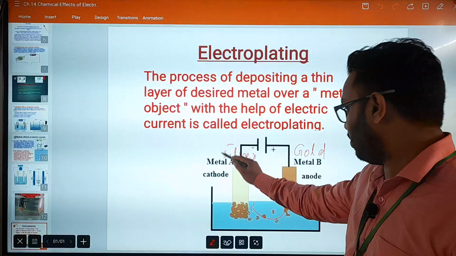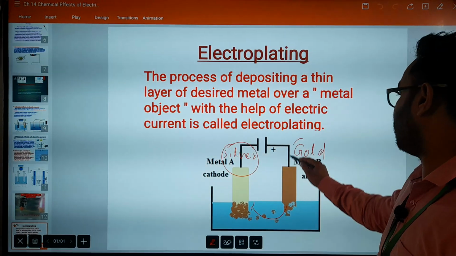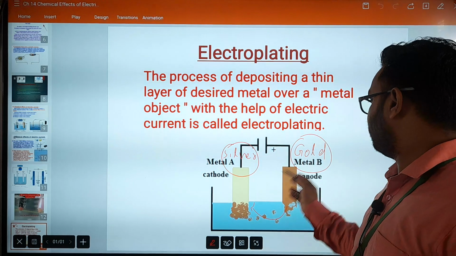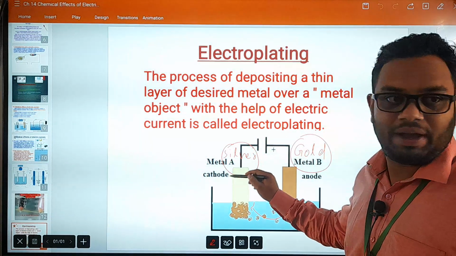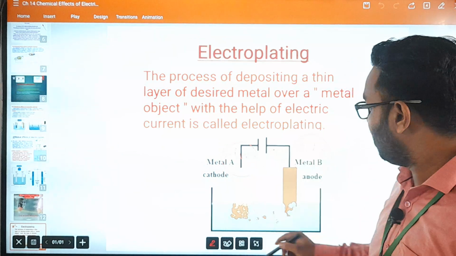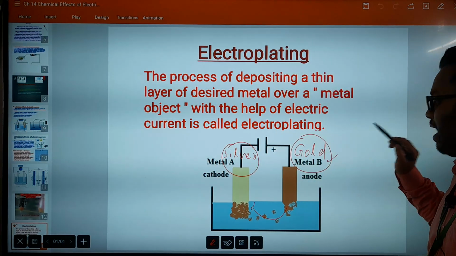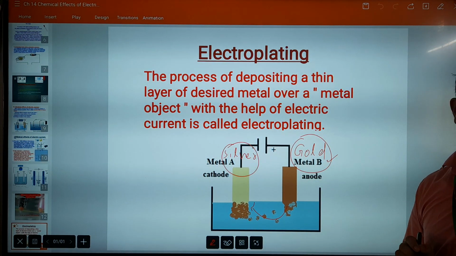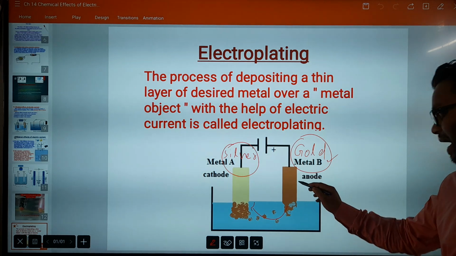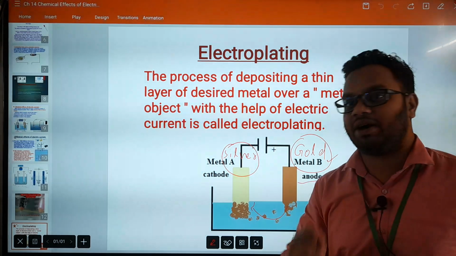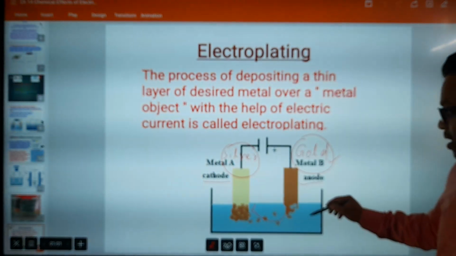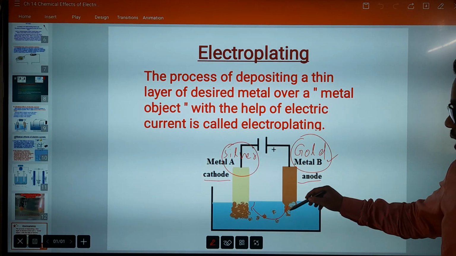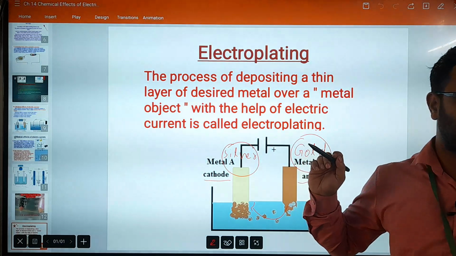It's just an example. But actually we'll keep any cheap metal on one side and any expensive metal on the other. Expensive metal on the anode side and cheap metal on the cathode side. Then from the anode side the metal will go and deposit on the cathode.